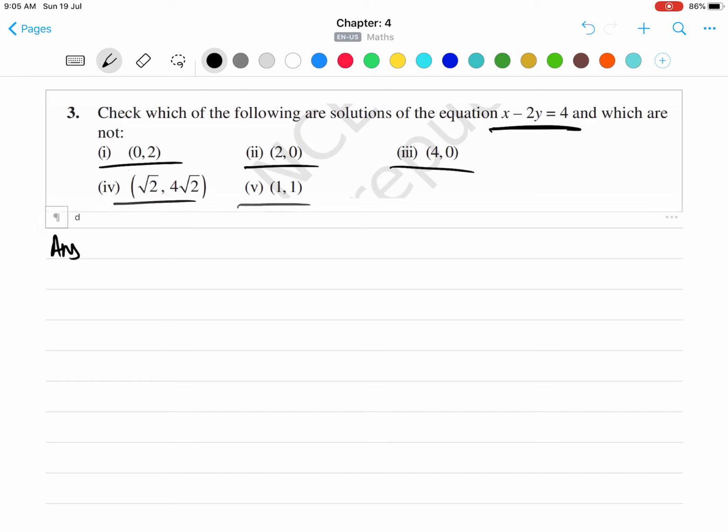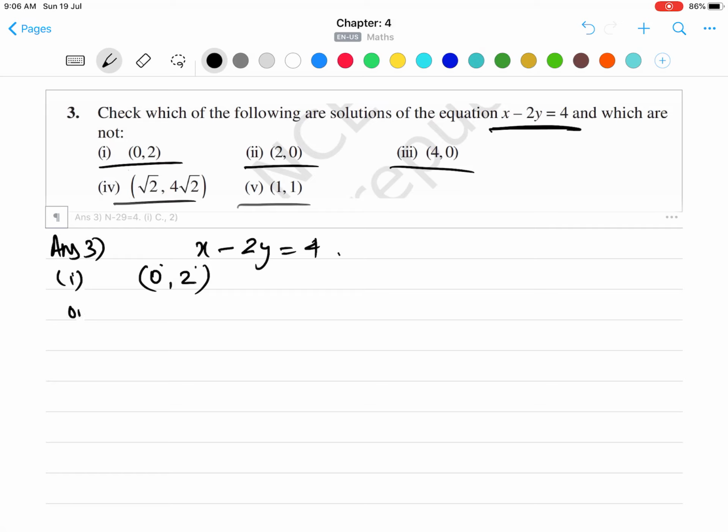Answer number 3. The equation given to us is x minus 2y equals 4. For part 1, the given solution is (0, 2). That means the value of x is 0 and the value of y is 2.